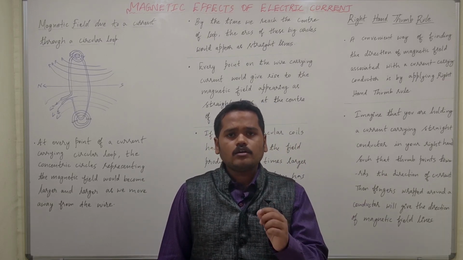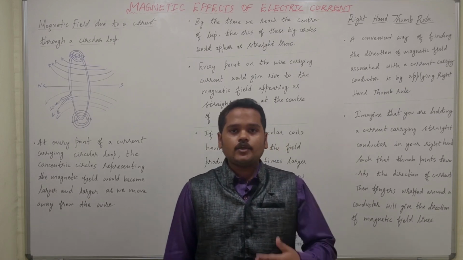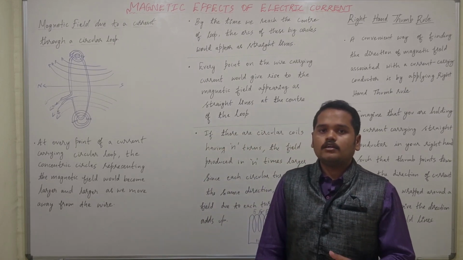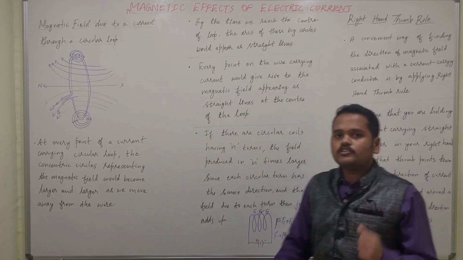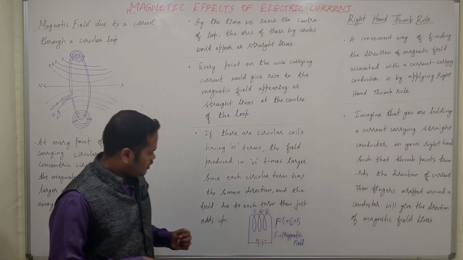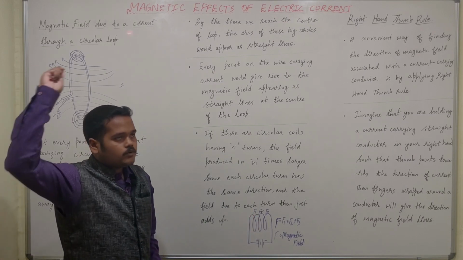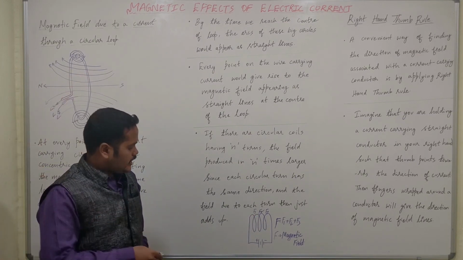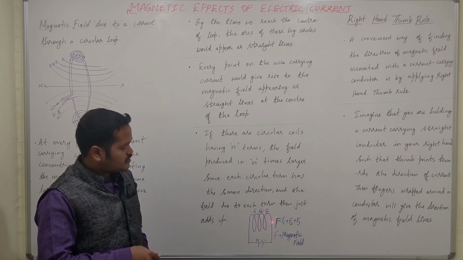I have drawn a very small diagram here in order to make you understand the next paragraph which I have written here. As you can see here, there are a number of circular loops. Here it was only one circular loop, but here there are 1, 2, 3 circular loops.